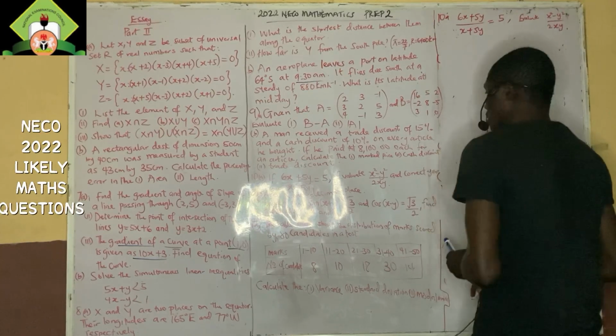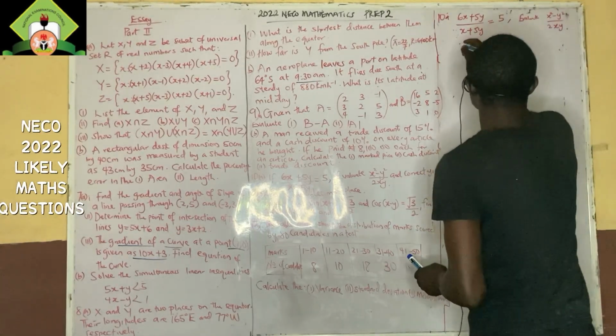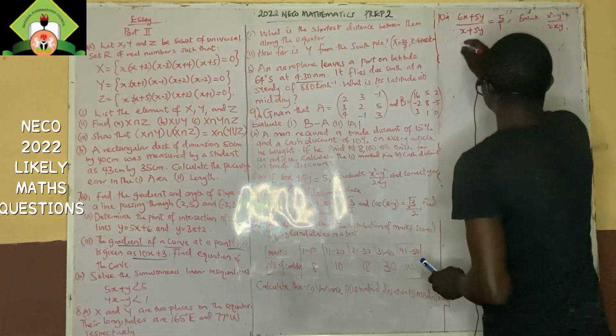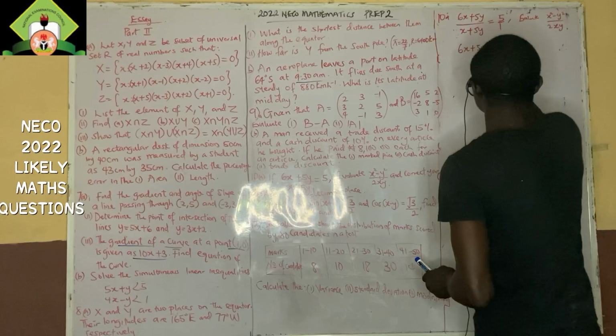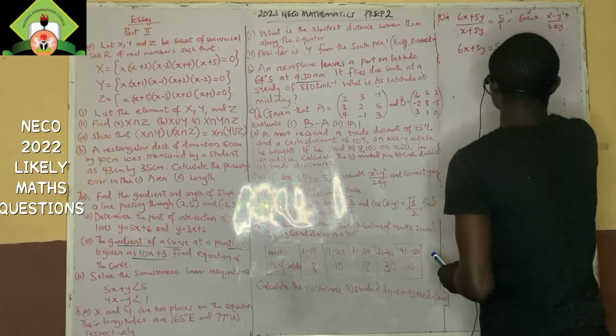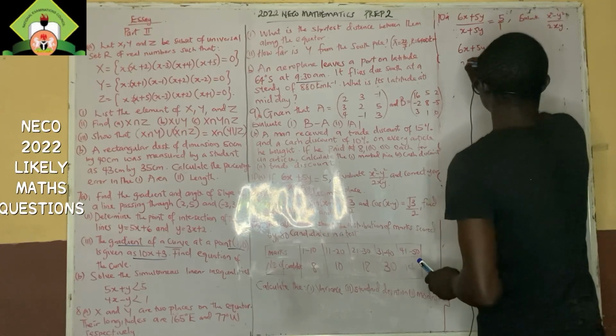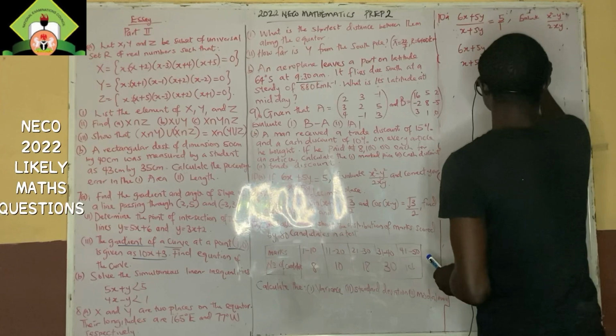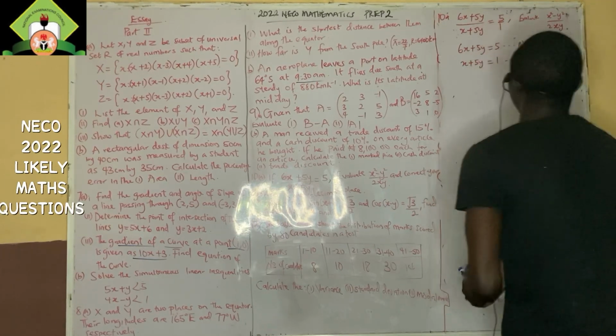Now, how do we go about this question? Looking at this now, we can easily say this one is over y. You can say 6x plus 5y is equal to 5, equation 1. Then x plus 5y is equal to 1, equation 2.